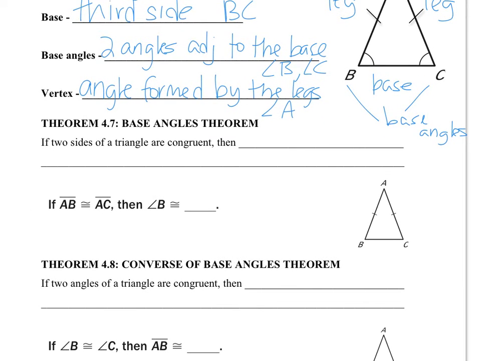If two sides of a triangle are congruent, then the angles opposite them are congruent.